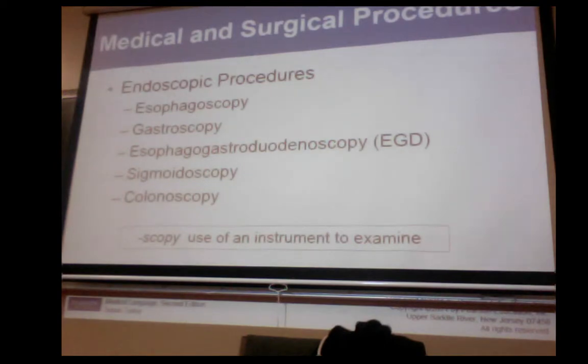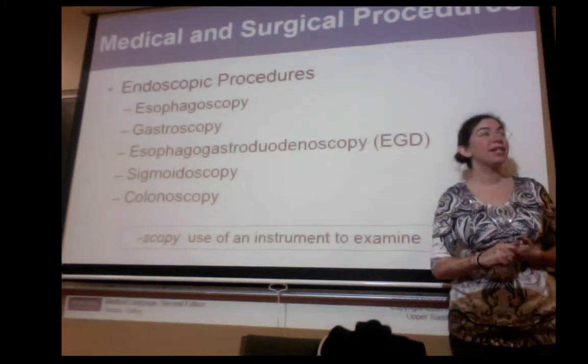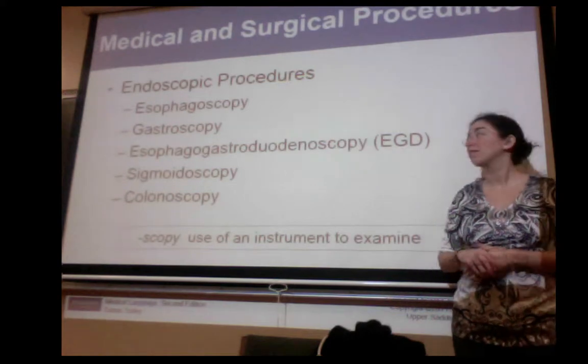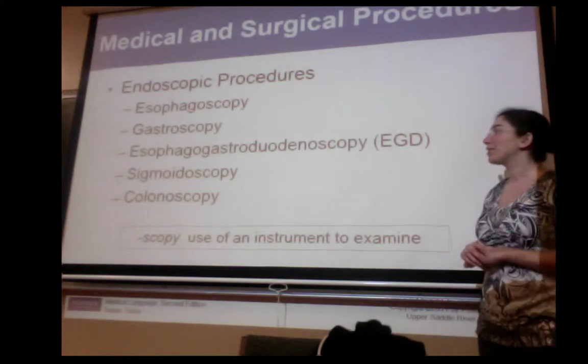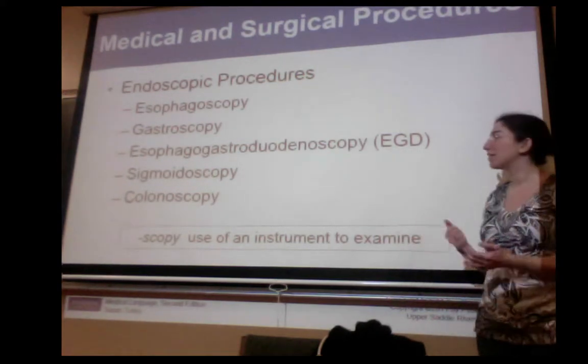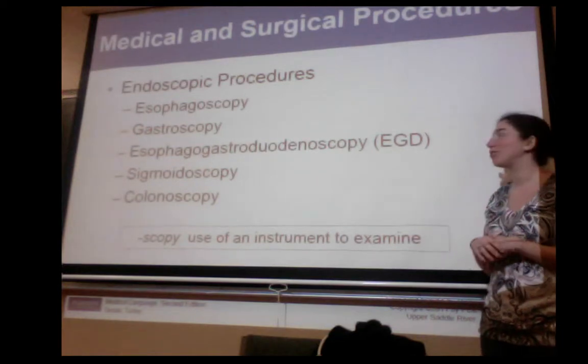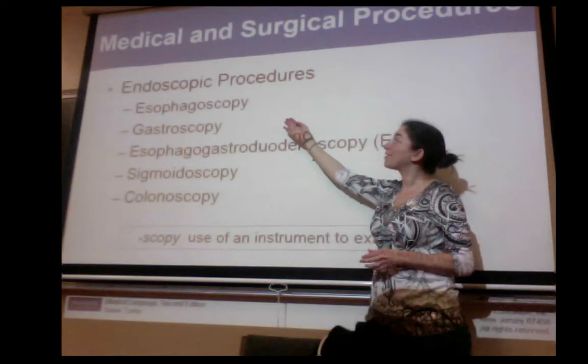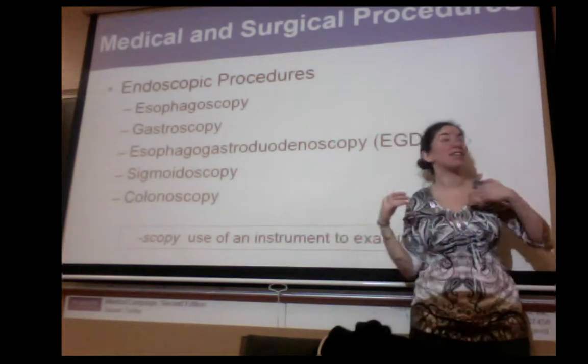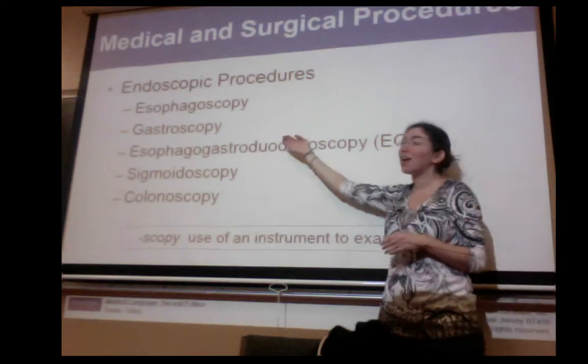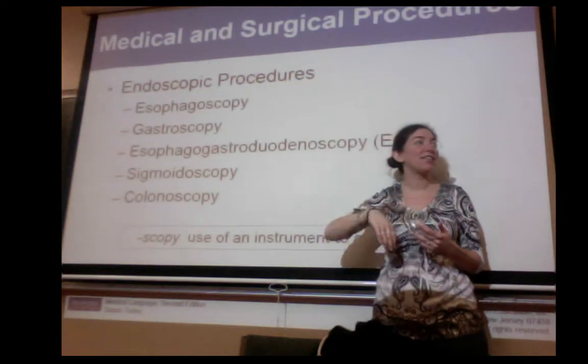Some various procedures to view inside the gastrointestinal tract, different types of oscopies, scopy, procedures to view. Esophagoscopy would be to go down the esophagus. Gastroscopy, go down and look inside the stomach.